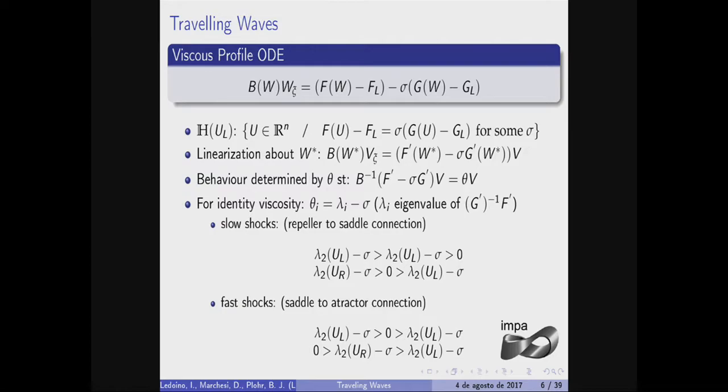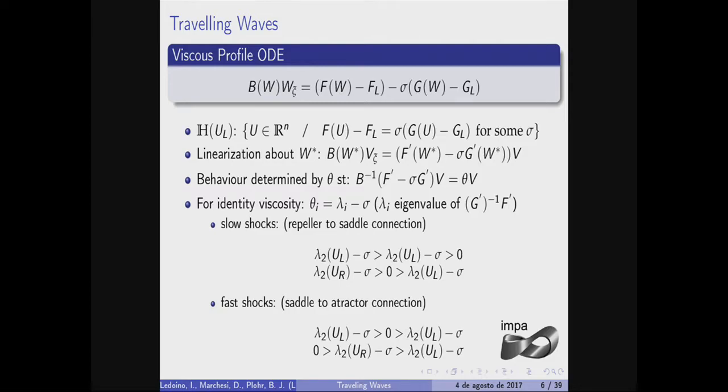So now our problem is to study the field given by this system of ODEs. We have the shock speed, we have the left state, and we want to study the field of this system.